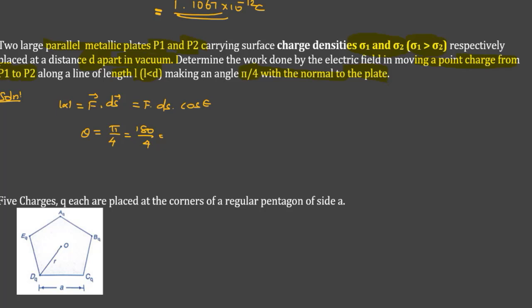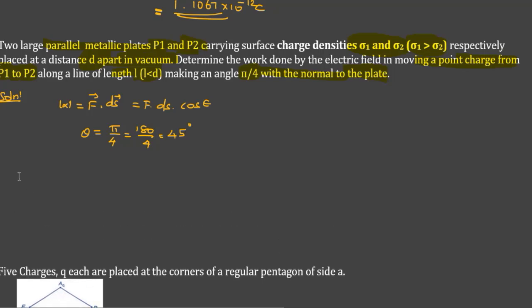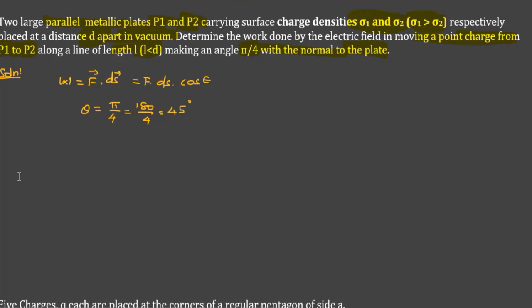If we do this, 4 5, that means theta is 45, that is cos 45. So now we need to calculate ds, and we need to calculate force. ds is nothing but we can take it as a length. So force we need to calculate.